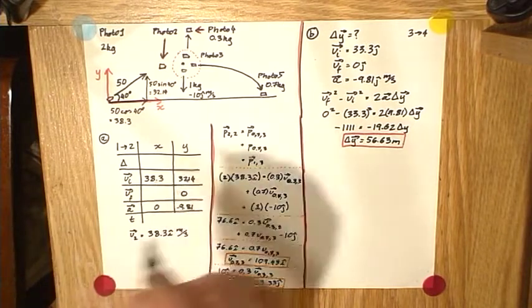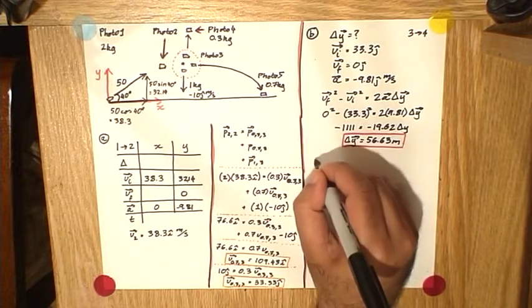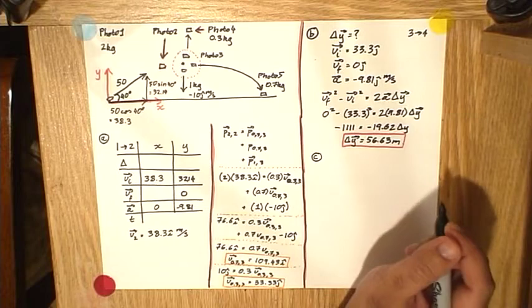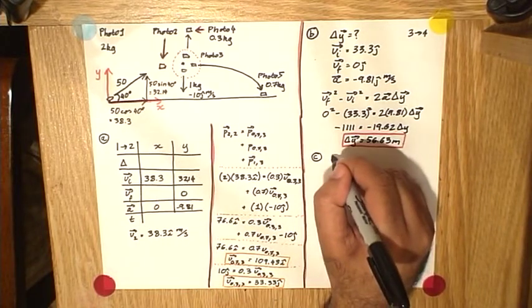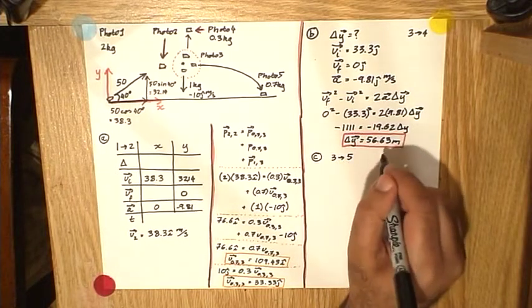Finally, we have to look at the third fragment, the fragment that landed over here. This is moving in 2 dimensions at the same time, so we need to make another one of our 2-dimensional tables. So this is going to correspond to photo 3 to photo 5.